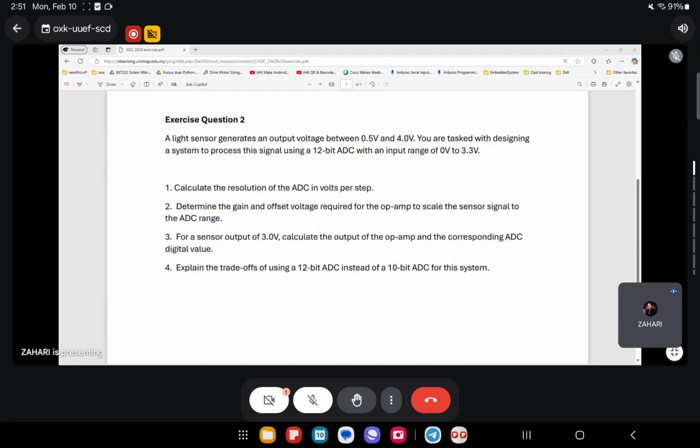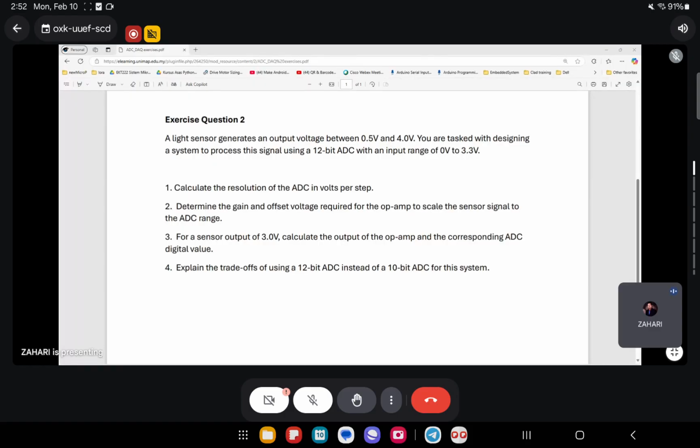It says here a light sensor generates an output voltage between 0.5 and 4.0 volt. You are tasked with designing a system to process the signal using a 12-bit ADC with an input range of 0 volt to 3.3 volt. So the first question asked is about the resolution of the ADC.